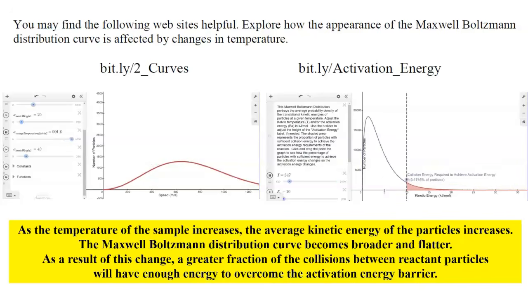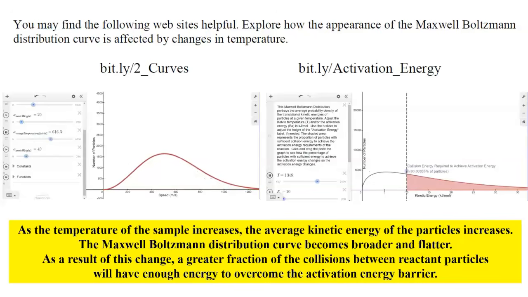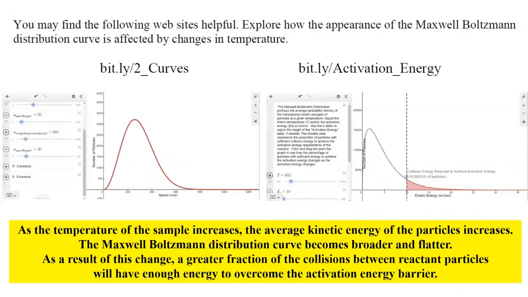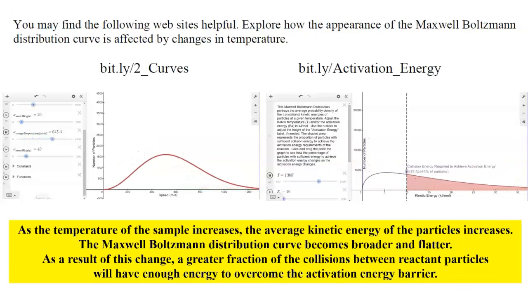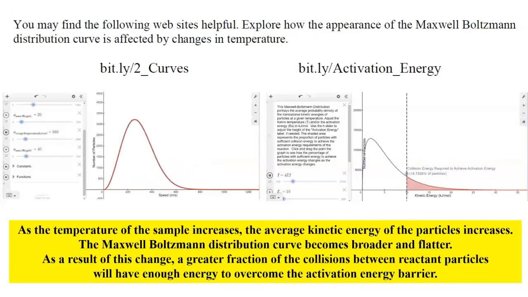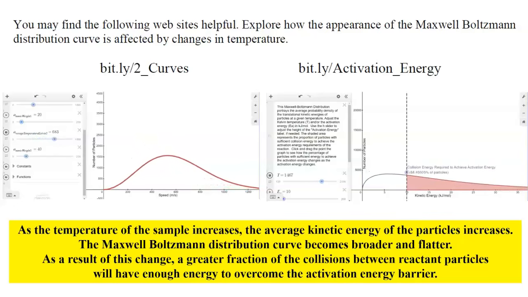And so in general, as the temperature of a sample increases, the average kinetic energy of the particles increases. The Maxwell-Boltzmann distribution curve becomes broader and flatter. And as a result of this change, a greater fraction of the collisions between the reactant particles will have enough energy to overcome the activation energy barrier.